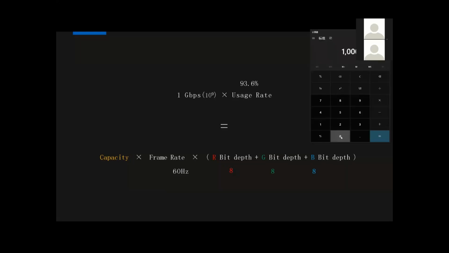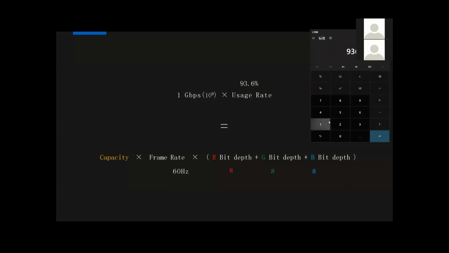This is 1 gigabit, and multiply the usage rate, 93.6%. So that's the total bandwidth we have, or the actual bandwidth we can use with the Cat5 or Cat6 cable.